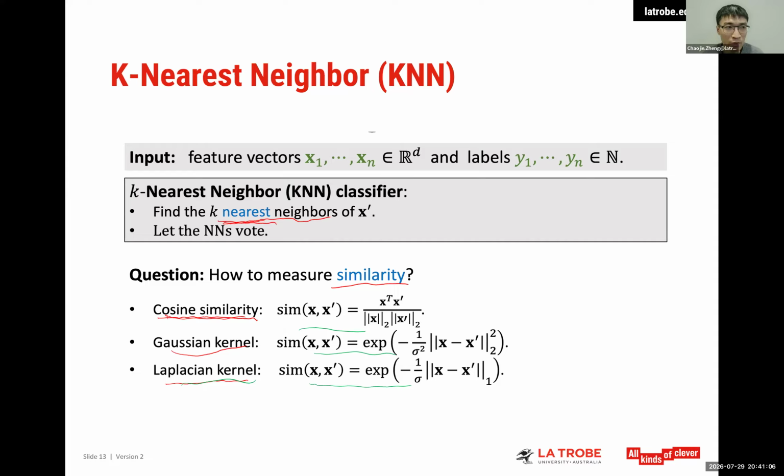We can also make weighted votes based on some defined radius. This defined radius is specified by these theta parameters. That will be another hyperparameter if you use a Gaussian or Laplacian kernel.